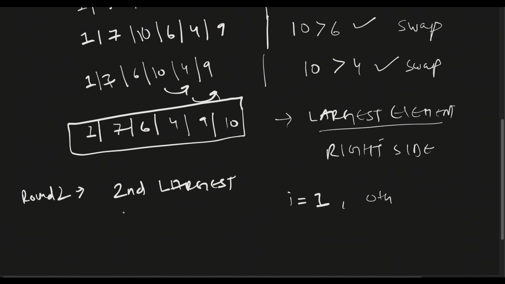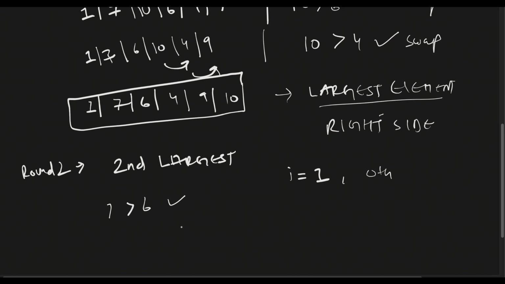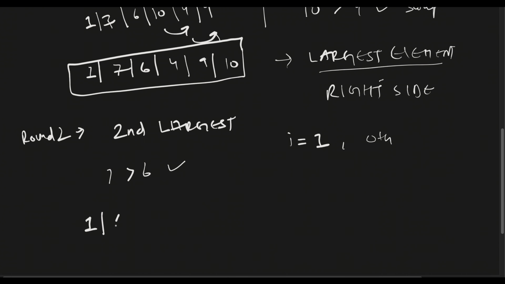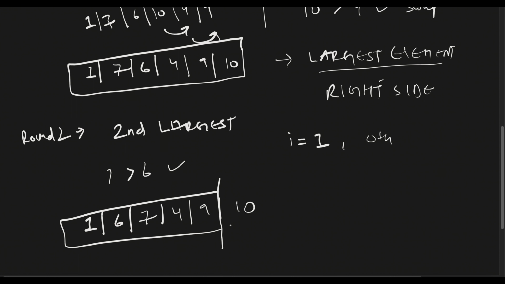So here I will check if my 7 is greater than 6. Yes, do the swapping. Also I will only compare until this point, because my last part is already sorted.